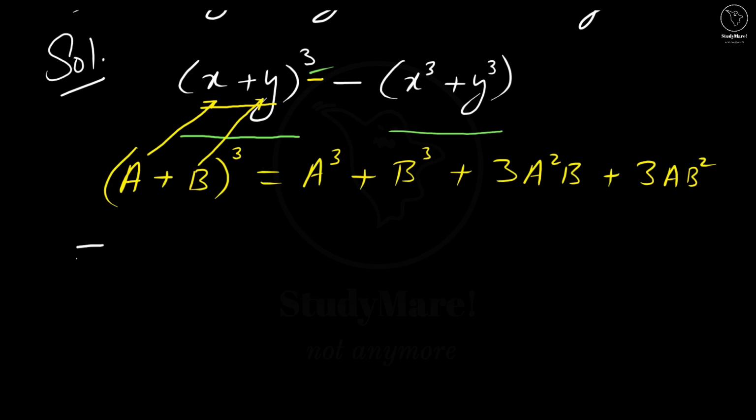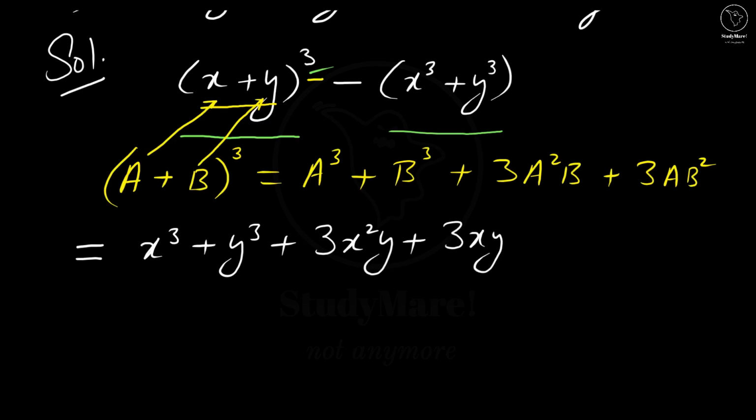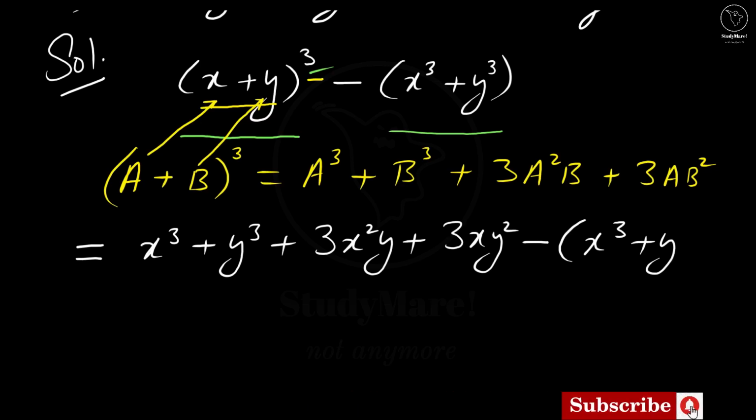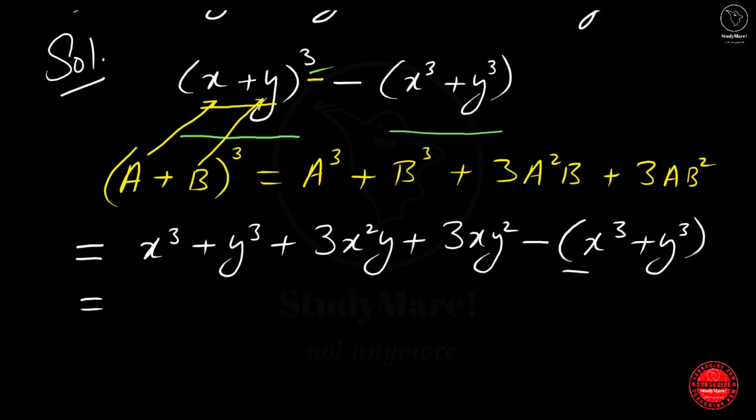So this is equal to x cube plus y cube plus 3x square y plus 3xy square. So you see, we have just rewritten the formula, replacing a with x and b with y. Next we have minus (x cube plus y cube). Next step, let's open this bracket also.